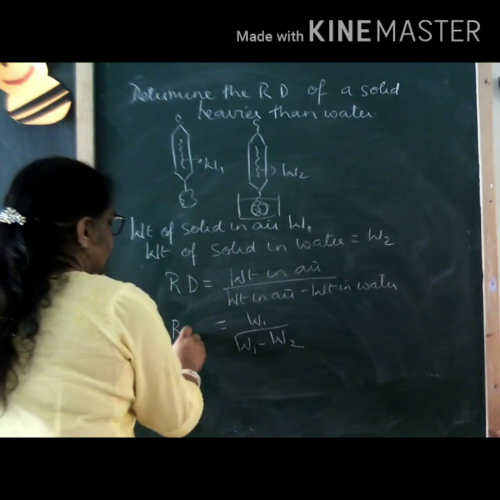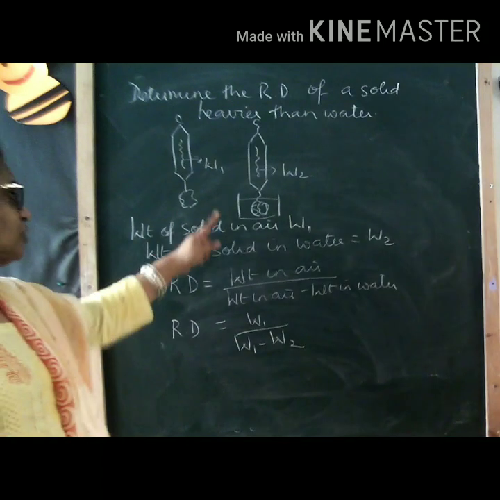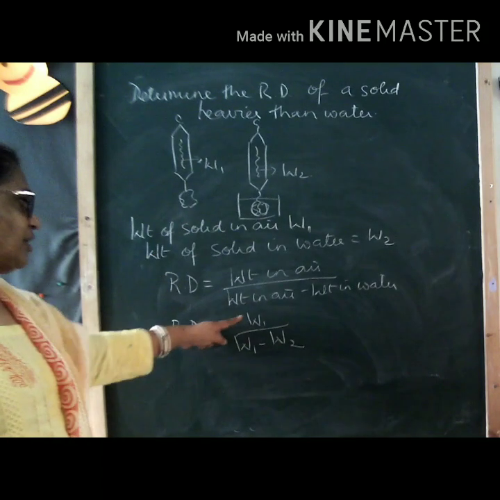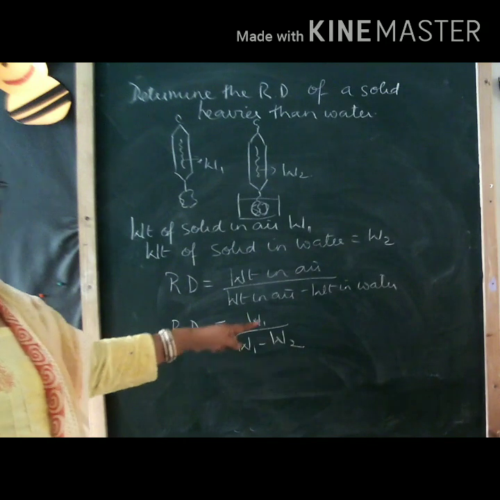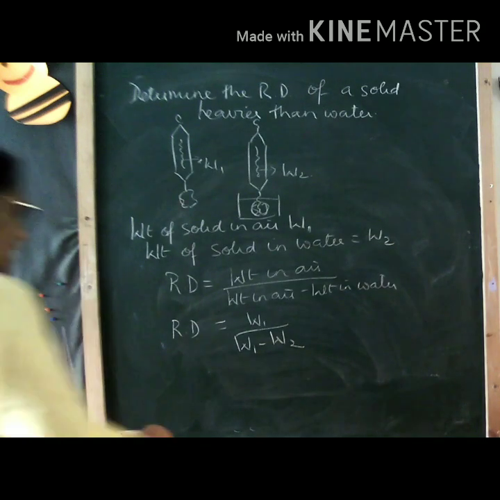So in this way, by finding the weight of the solid in air and then the weight of the solid in water, I will be able to obtain the relative density of the substance by substituting those values in the formula W1 upon W1 minus W2. Isn't it? Well, now we can proceed to find the relative density of a solid lighter than water.